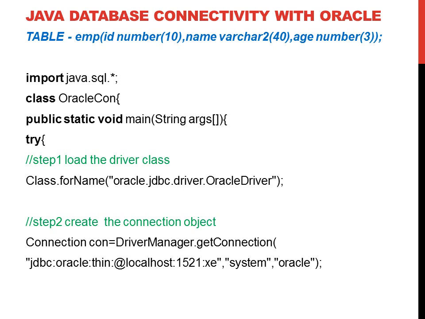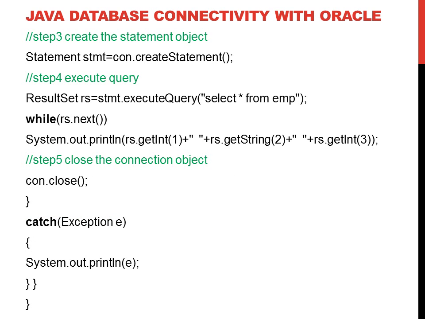It is con dot create statement, and the result will be stored in a statement object. Then you have to execute the query, using the methods provided by the statement object. Here we are selecting all the data from the employee table, so our query will have the format select star from EMP. Star means we are fetching all the columns and all the rows of the employee table.